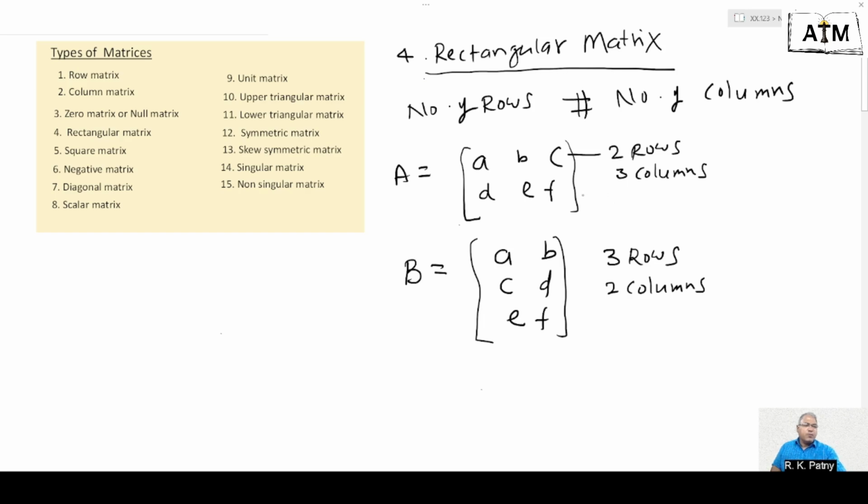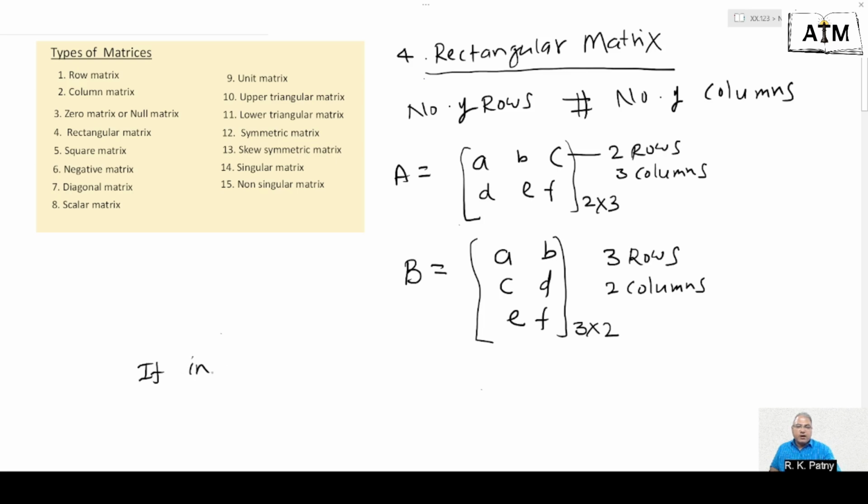Matrix A, what type of matrix? It is a 2 by 3 type of matrix. And matrix B is a 3 by 2. So how to define a rectangular matrix?